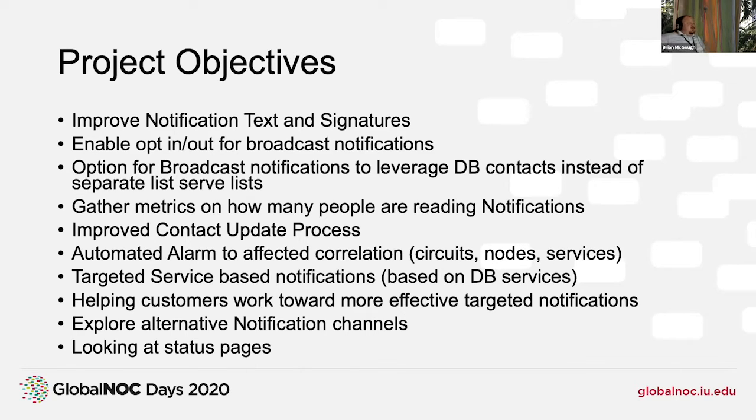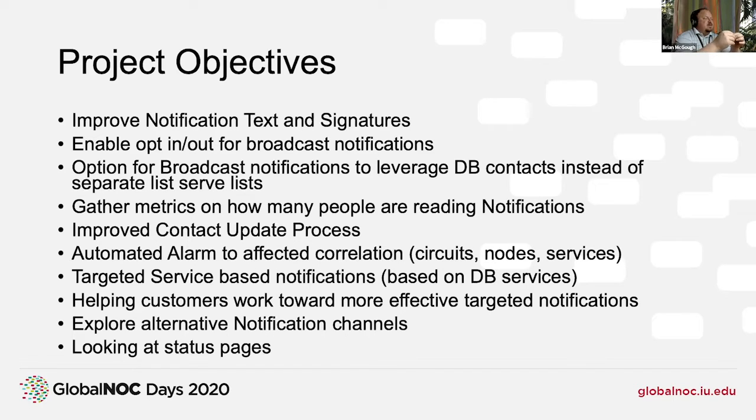So we'll talk a little bit about improved notification text and signatures, the opt-in, opt-out for broadcast notifications, and the option for those broadcast notifications to leverage existing DB contact records.